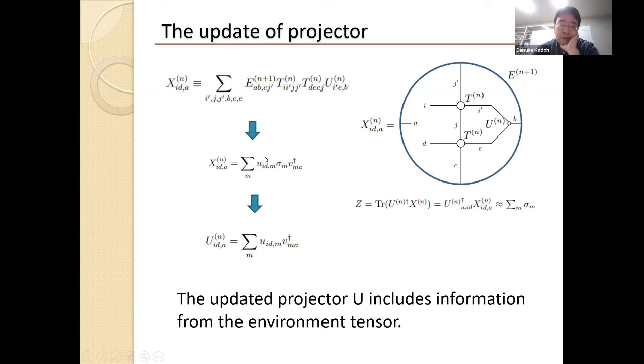So two unitary matrices U and V are obtained from the SVD of X. So this projector is updated from these two unitary matrices, and by using this updated unitary projector, G is approximately given by the singular values of X. So this U includes the information from the environmental tensor.